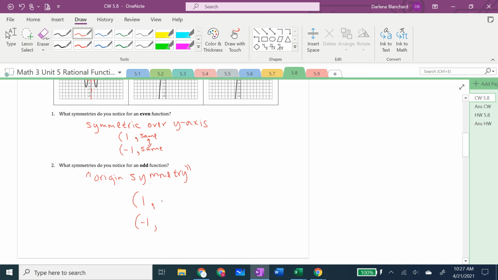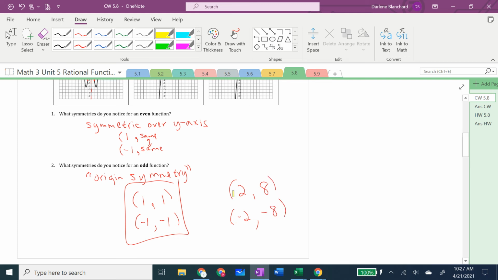So with x cubed, when you put in 1, you get 1. When you put in -1, you get -1. With x cubed, if you put in 2 versus -2, 2 cubed is 8, -2 cubed is -8.